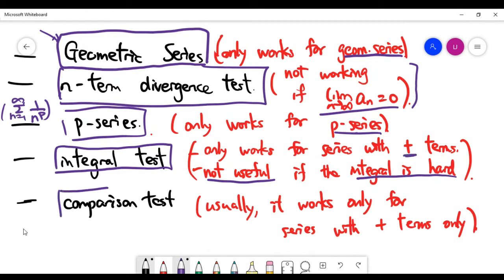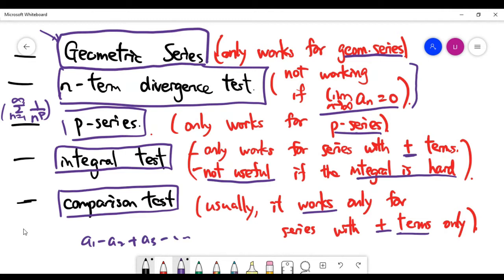And the comparison test comes from the last two videos. We have looked at two different versions of the comparison test, and it usually works only for all positive terms inside the infinite series. And if you look at all these tests we have seen, there are still many infinite series which you cannot understand based on just these five methods, right? For example, we can easily pick up some series like this, you see.